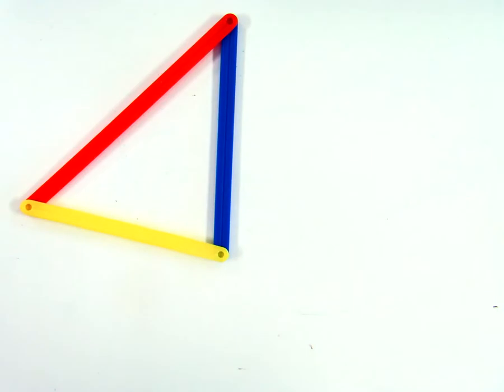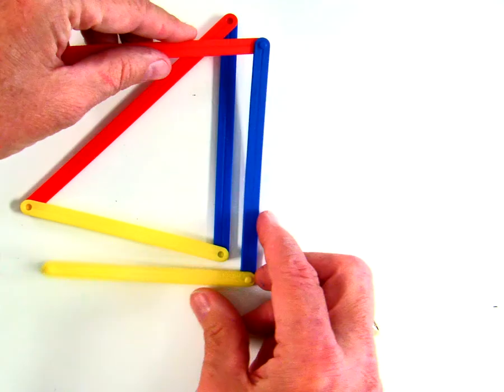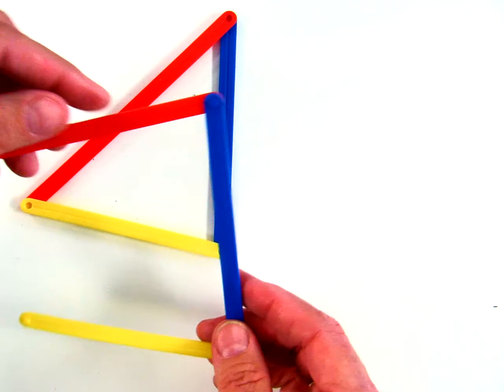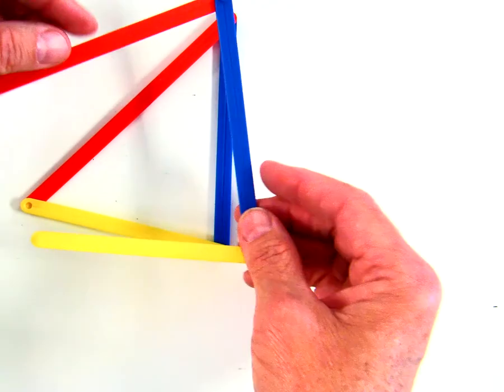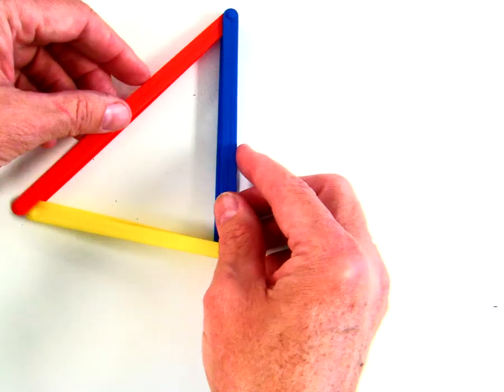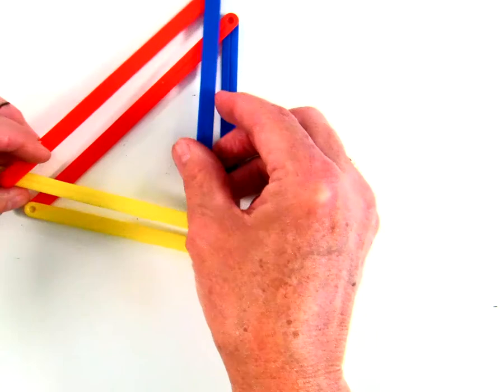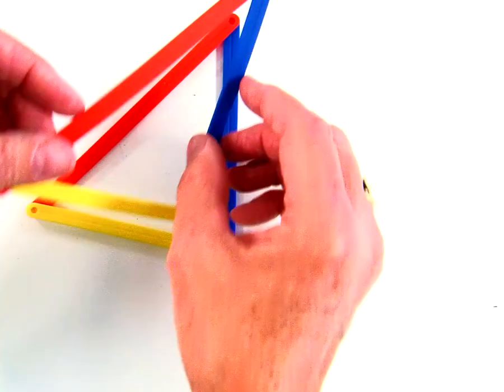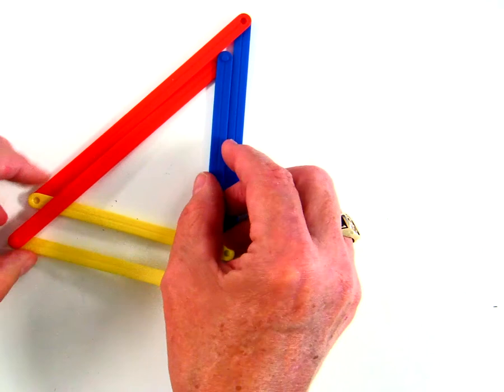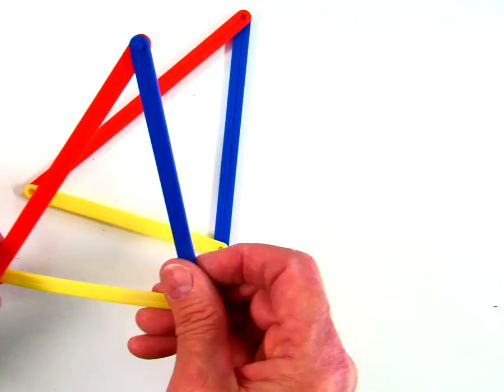I want that. And I want my red angle to be the same, but I want it to be a different triangle. Oh, wait. There my blue is the same. There my red is the same. Oh, no, look. My yellow is also the same. I don't think I can do it any other way.